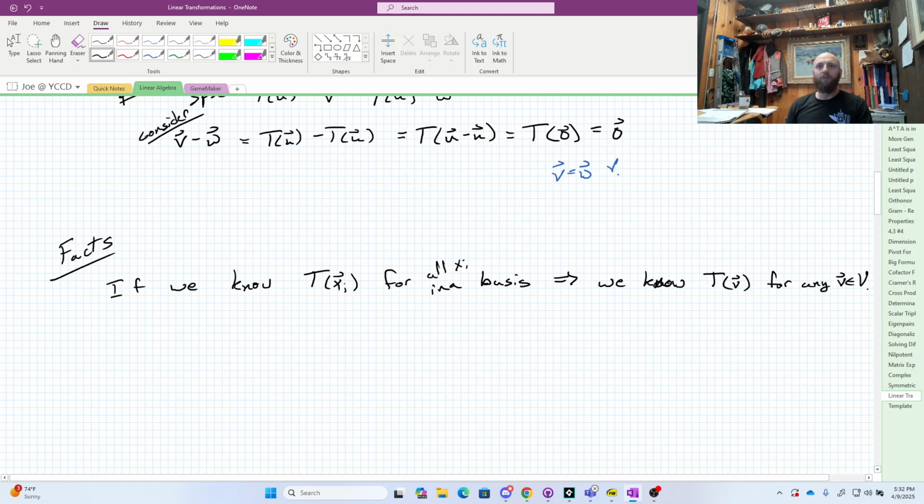That's kind of a cool fact. We just need to sort out how our transformation acts on basis vectors, and then we can immediately know how it acts on everything.